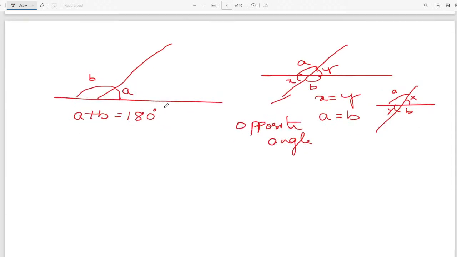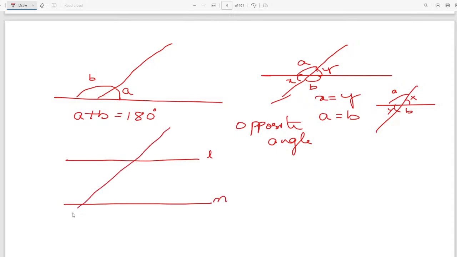And if there are two parallel lines, L and M, and there is one more line called a transversal, let this be line N. In this case, when L is parallel to M, this angle will be equal to this angle.